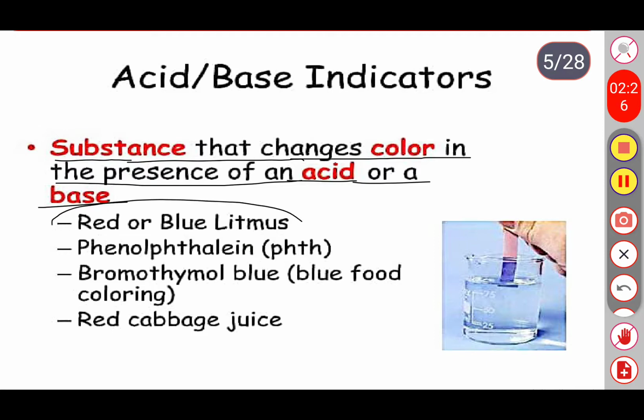Some indicators change color from red to blue or blue to red. Phenolphthalein is one type of indicator. Bromothymol blue is also one type of indicator, and next one is red cabbage juice. This is also one type of natural indicator. So these are the examples of indicators.